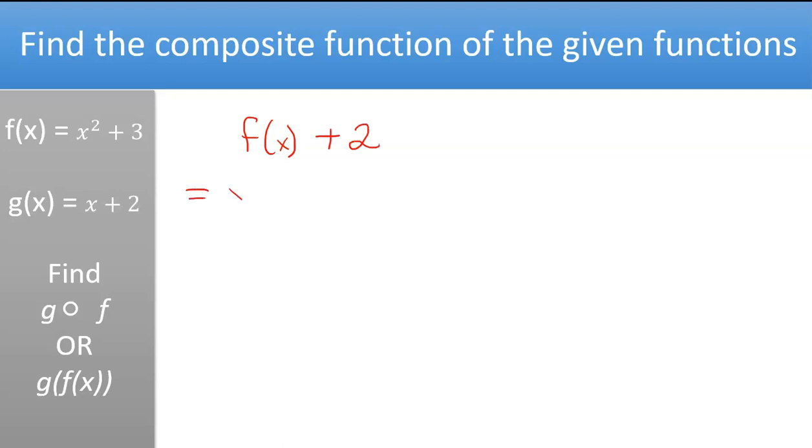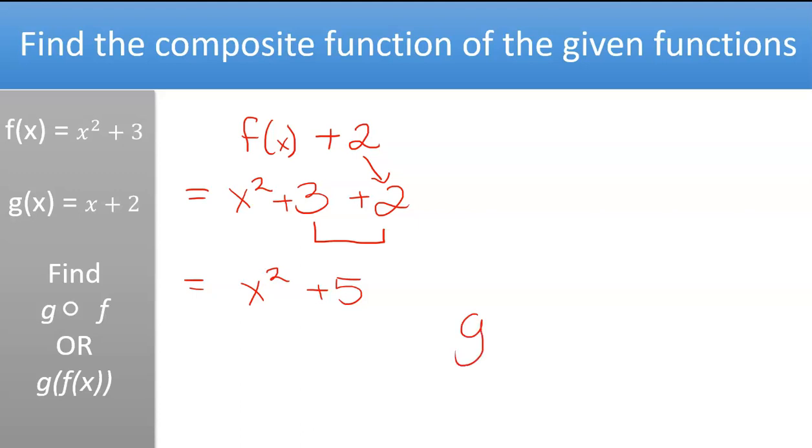The f function is x squared plus 3, and then we still have the plus 2 that came from the g function. You will notice that I can put my 3 and 2 together, so I am left with x squared plus 5. So therefore, g of f of x is equal to x squared plus 5.